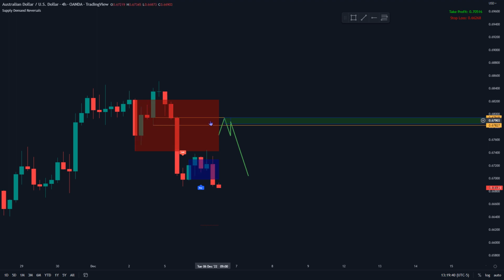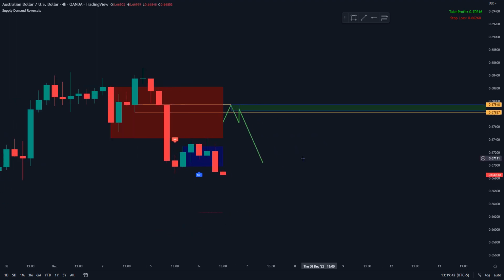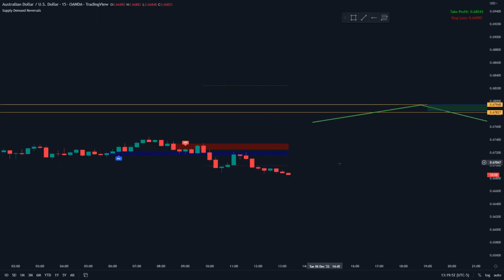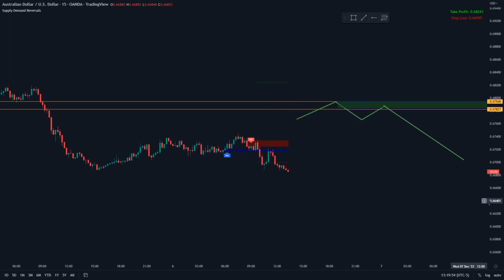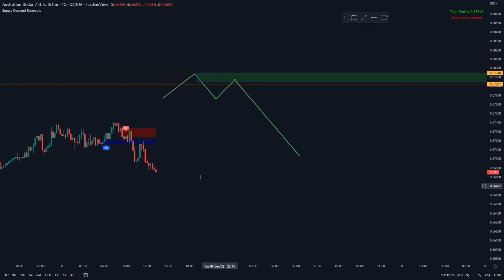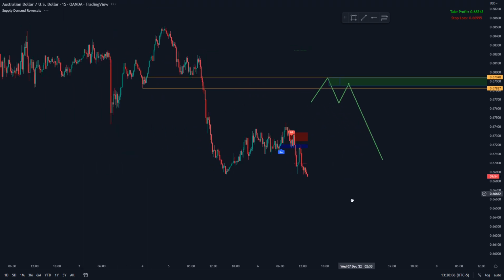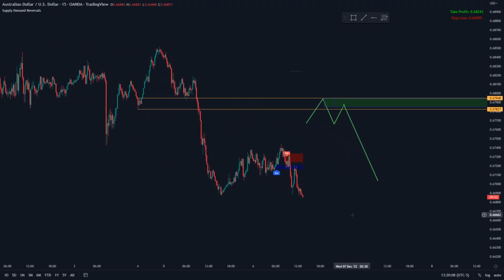So as the lower time frames start to maybe creep back up into here, and you see this little simple pattern I drew out, we could see a fresh sell zone form up here and look for a stronger move down that would validate the 4-hour pattern, the 4-hour sell signal. So anyway, that's the supply demand reversals indicator.